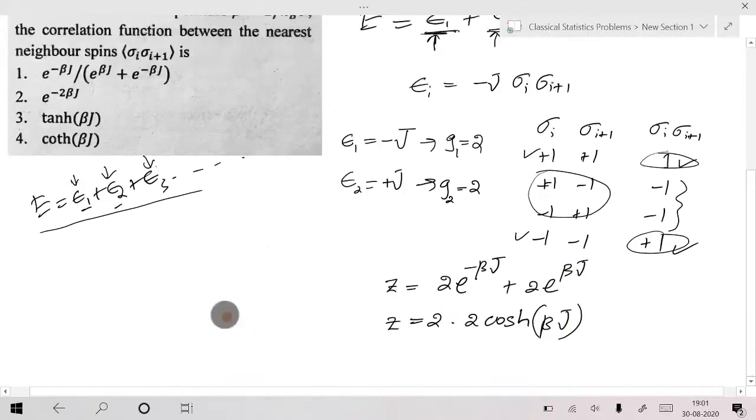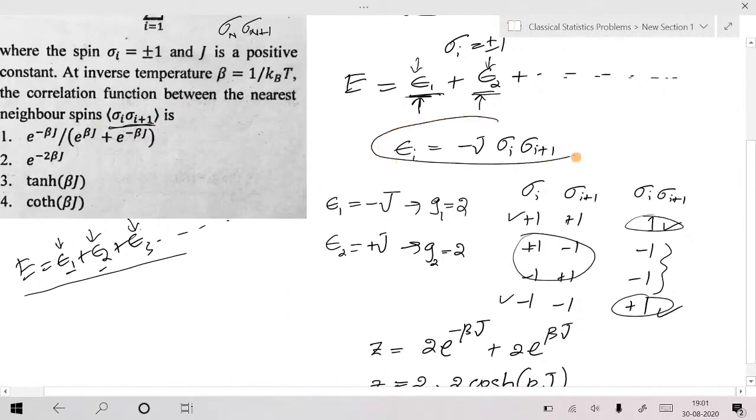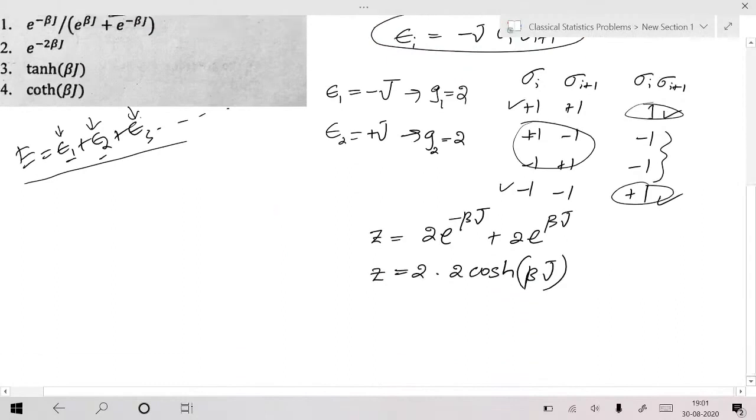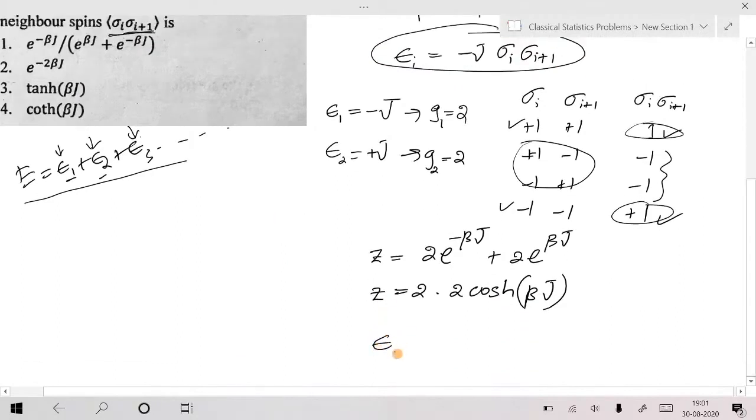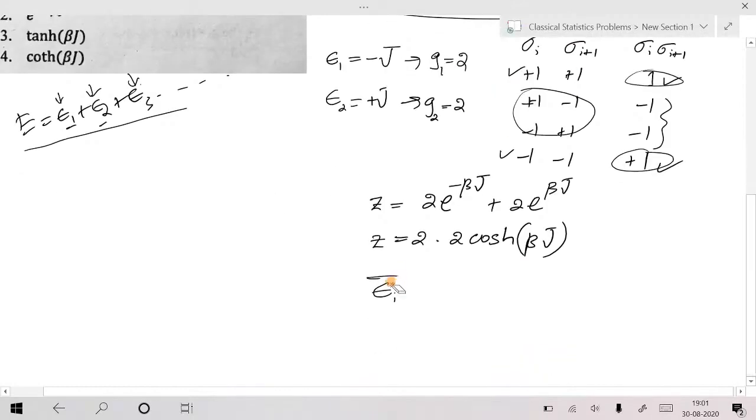Now look at here, he is asking for the average of this one. Am I right? The average of this one is nothing but the average of some one particle energy, isn't it? Let me write it like this.